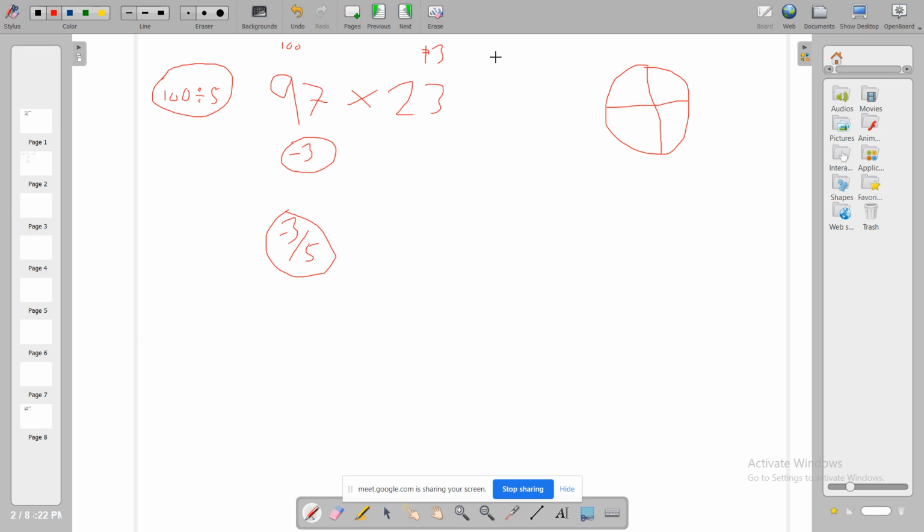So we need to divide this orange. Let me divide it by 5, because down there we are having 5. We decide to use 5, so here we are having 5.